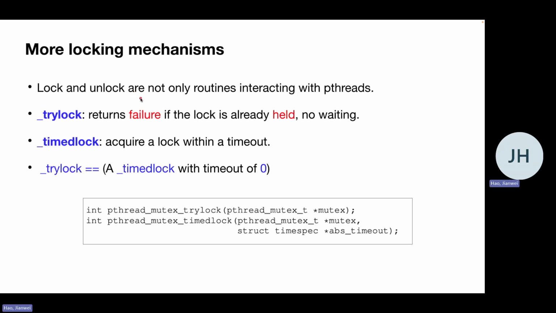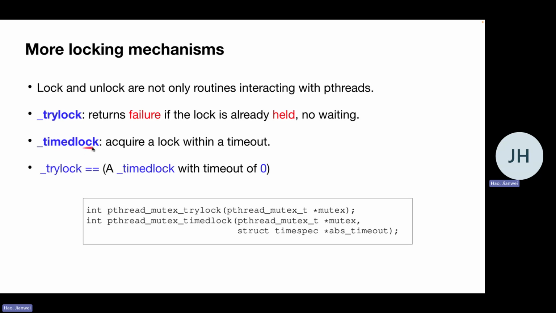Lock and unlock are not the only two functions for the thread. We also have other functions like try lock, which will return failure if the lock is already held. So no waiting. It will check the lock status, and if it's already locked, then it will return failure.